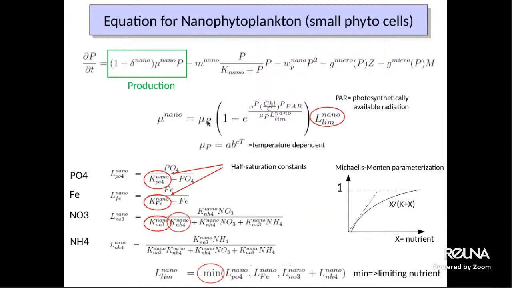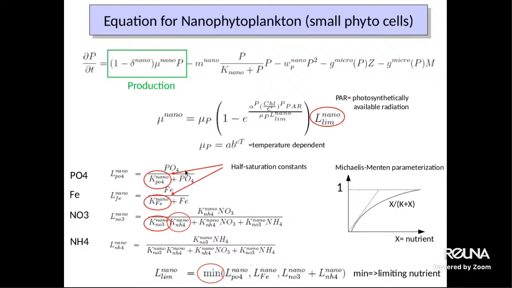You have one term depending on temperature, one term depending on light, and one term depending on the availability of nutrients. Okay. So now let's decompose this L lim nano. As we said before, we have in PISCES several nutrients. So in fact, these limitation terms can be computed for each nutrient in this way.